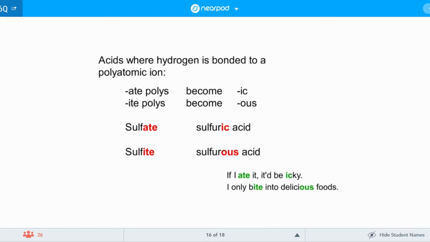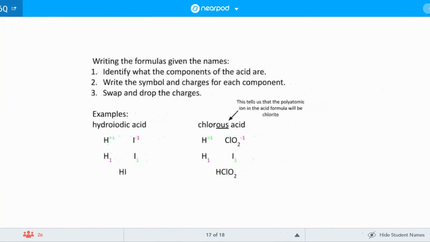All right, let's take a look at how we write the formula given the acid name. We are going to be doing the same thing with acid naming that we've done with all of our other types of naming. The charges on the polys and the charge on hydrogen are important.